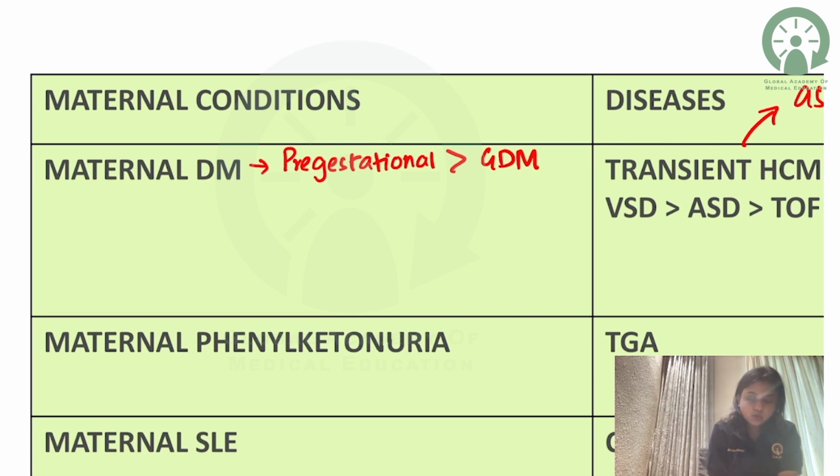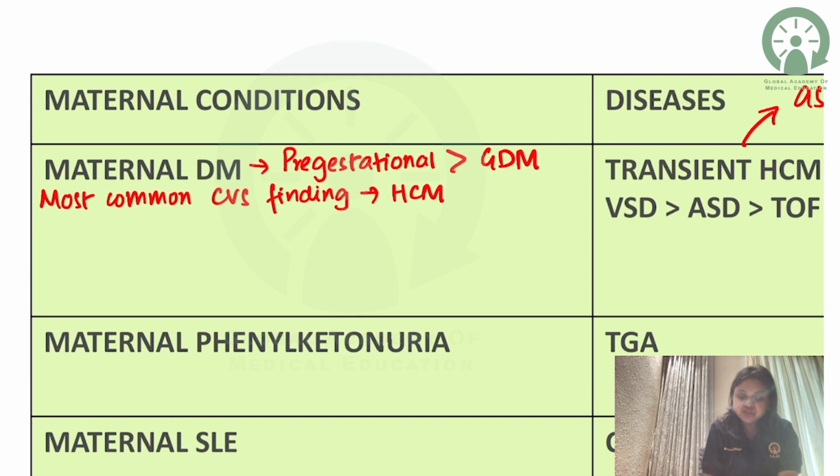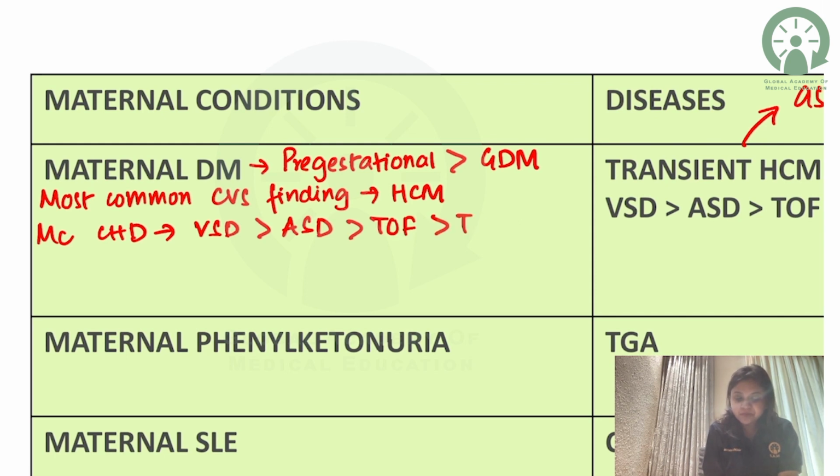Okay, so the most common CVS finding is HCM or asymmetric septal hypertrophy. However, the most common congenital heart disease is ventricular septal defect followed by atrial septal defect followed by TOF followed by TGA.